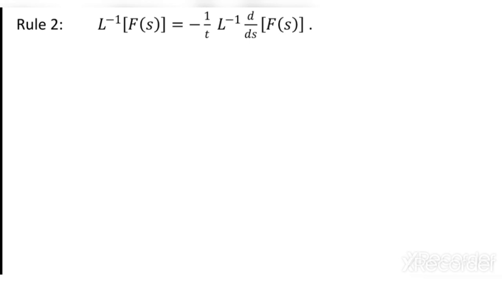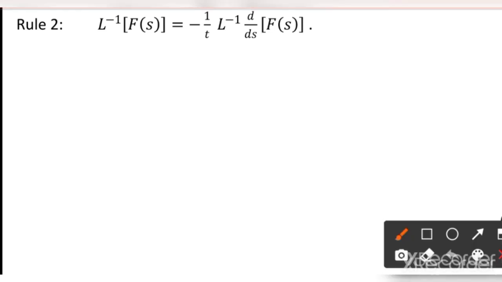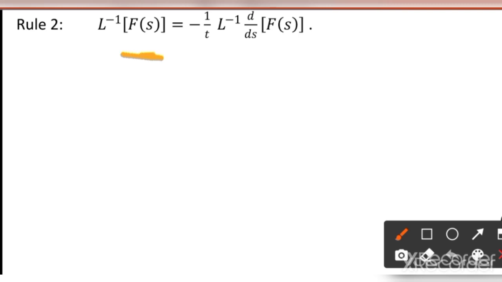For example, if I have logarithmic function, inverse trigonometric function, where we cannot get L inverse directly. So in such cases, if I have f of s, I can first differentiate once and then allow L inverse, because once you differentiate log, suppose if it is log of s minus a, what is the derivative? 1 over s minus a, and obviously for 1 over s minus a I have L inverse. So then I apply L inverse, so multiply by minus 1 by t.